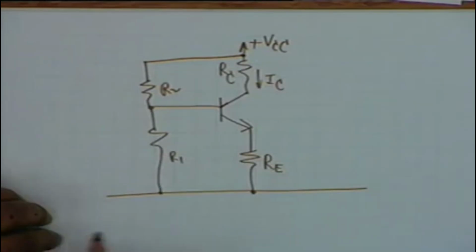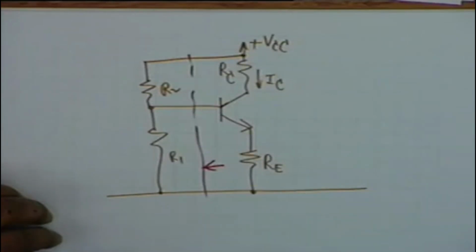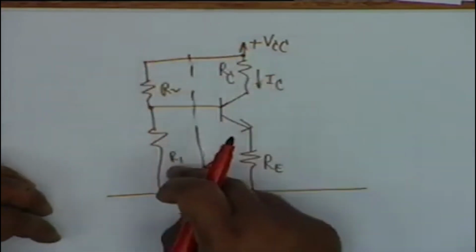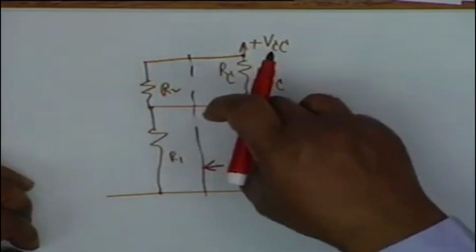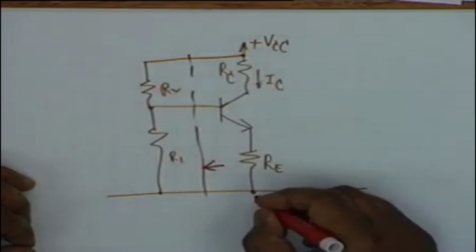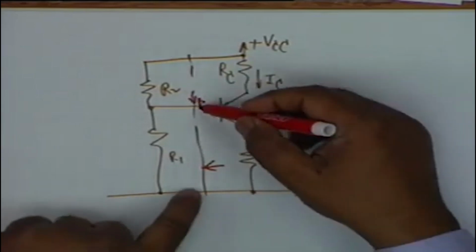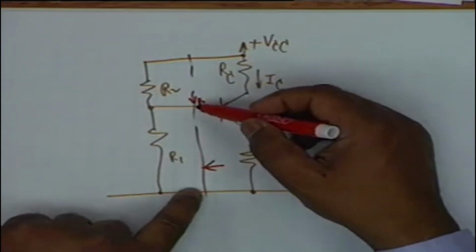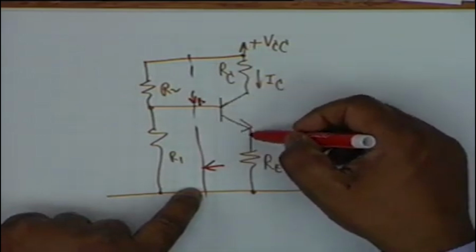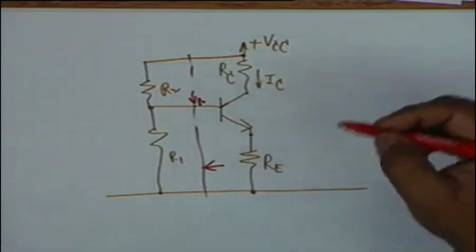If you look at this circuit from the left of this line, obviously it's a battery VCC supplying a series connection R2 and R1. The drop in R1 then supplies the base. The base voltage with respect to ground, you call this simply VB, is simply the drop across R1, which is equal to VBE plus the drop across RE.